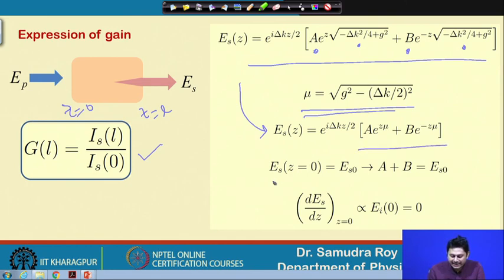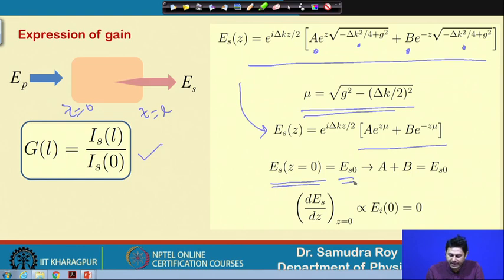Now, we know Es at z equal to 0 is Es(0), because at the input I should have some sort of signal, otherwise I will never generate any amplification. Classically we find that some amount should be there, but quantum mechanically, from quantum vacuum or quantum fluctuation, one can consider that there should be some value of field at z equal to 0.